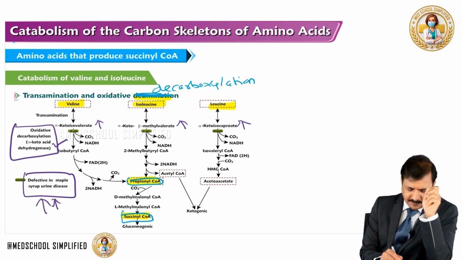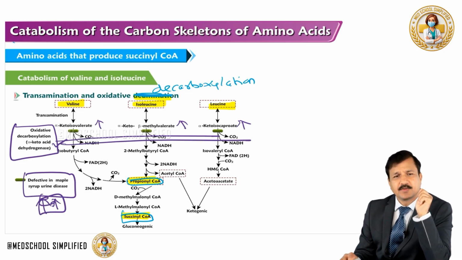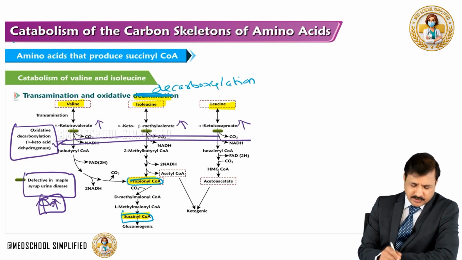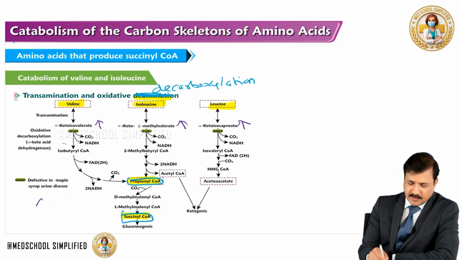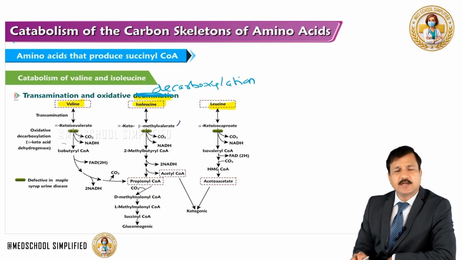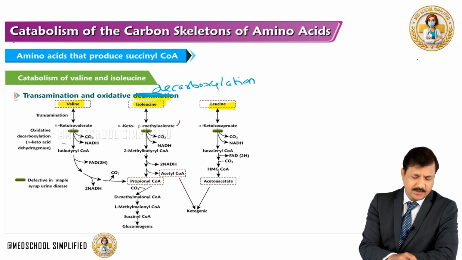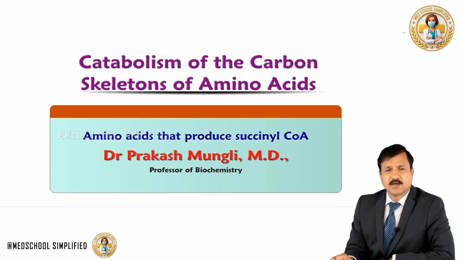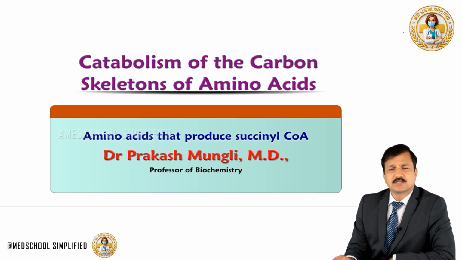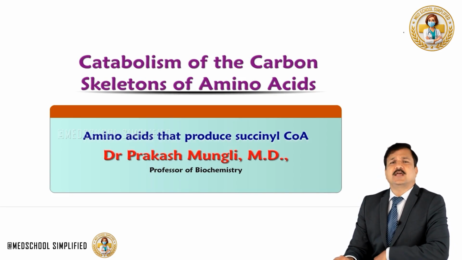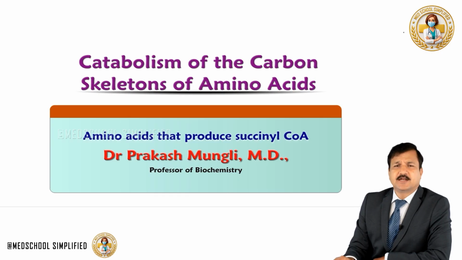It is written here, maple syrup urine disease. So there is a block in this particular reaction. We need to know the enzyme name there, which will lead to maple syrup urine disease. So that's about the amino acids that produce succinyl-CoA as their carbon skeleton undergoes oxidation. Thank you.